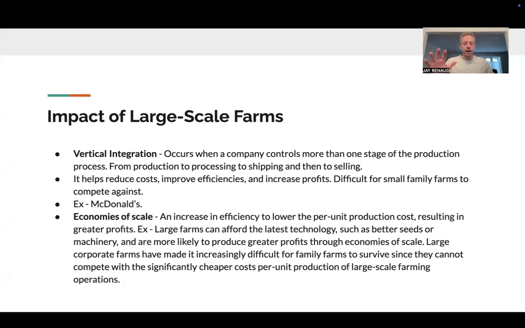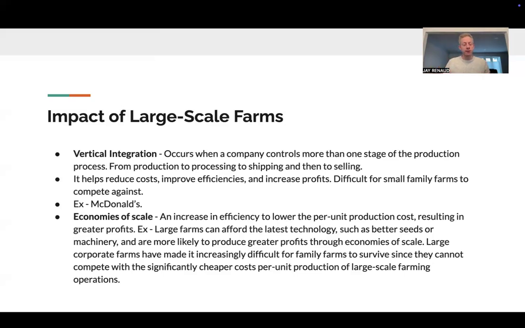Here's how I teach economies of scale. Just think Costco. The more you can produce of something, or the more you can sell in bulk, the lower the cost.